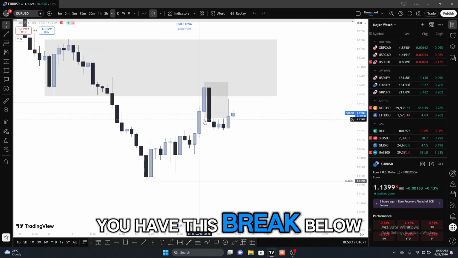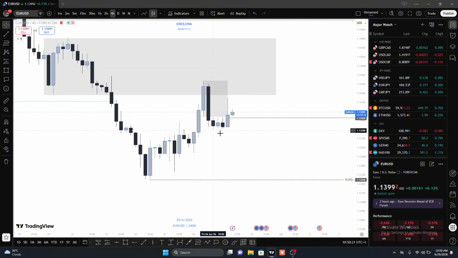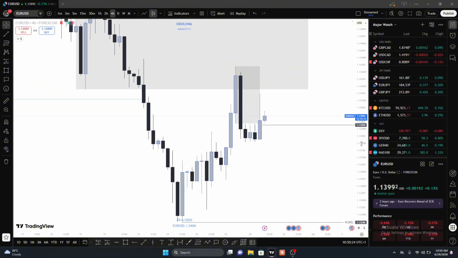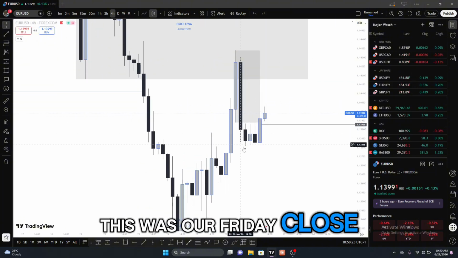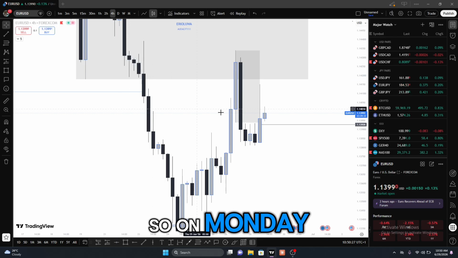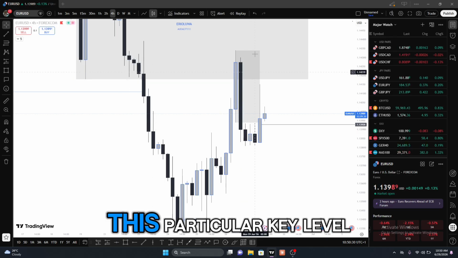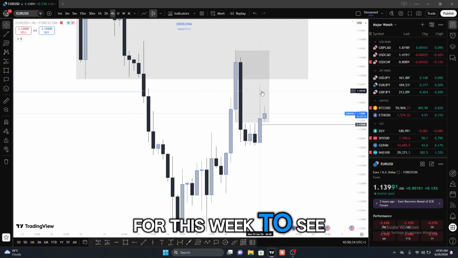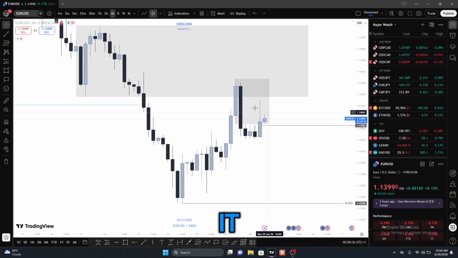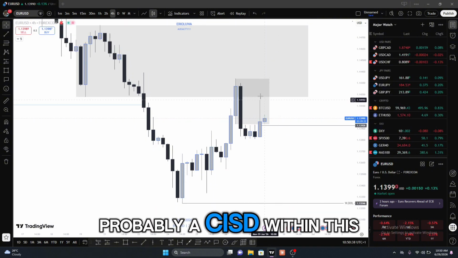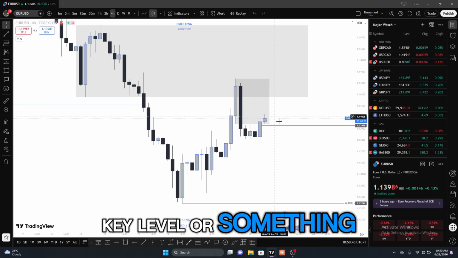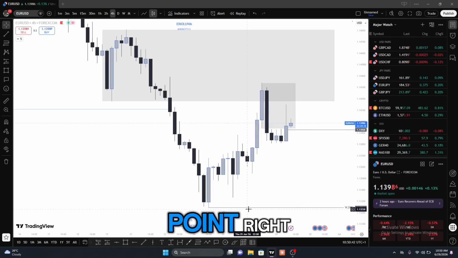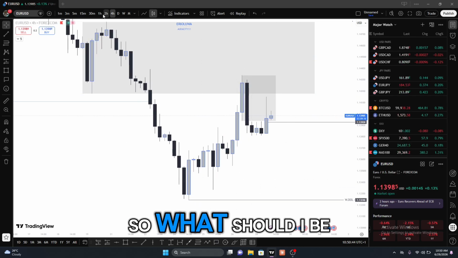You have this break below here, then this was how Friday closed, right? On Monday, I just took note of this particular key level for this week to see how price will react from it. If I see a good CISD within this key level, I can sell to this point. So what will I be expecting?